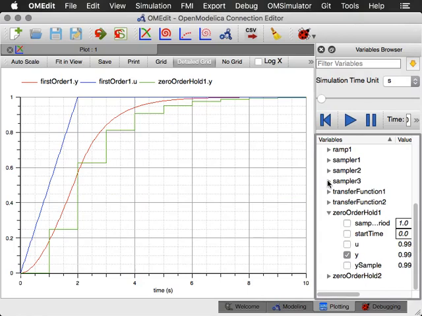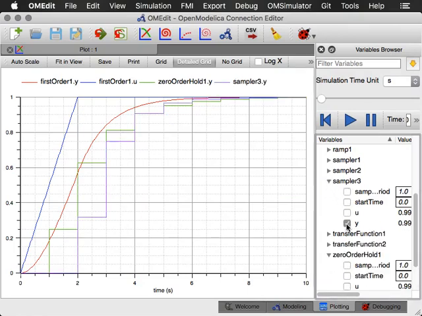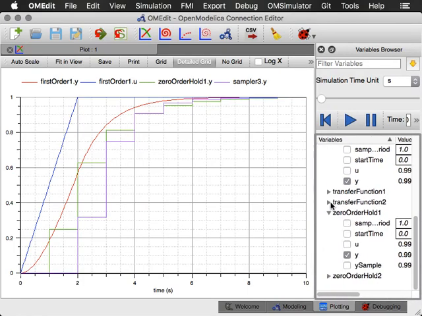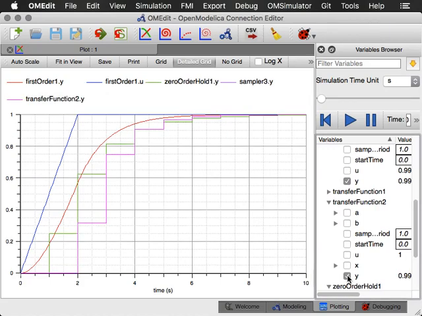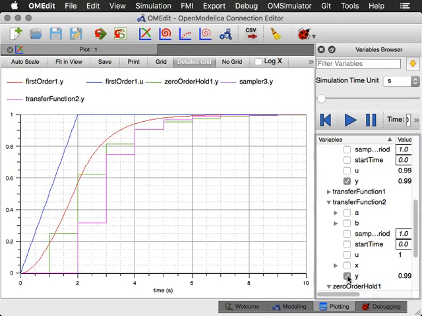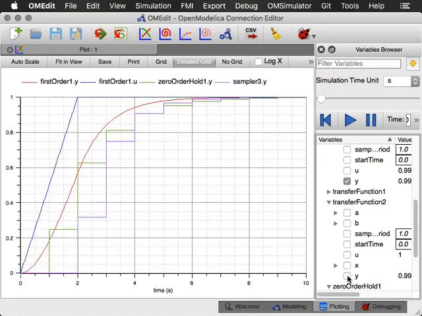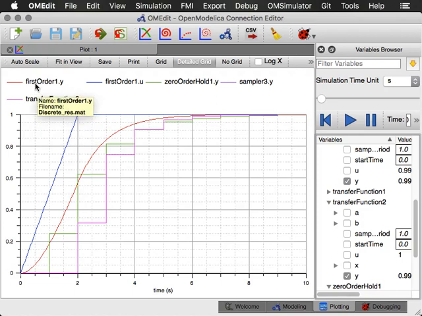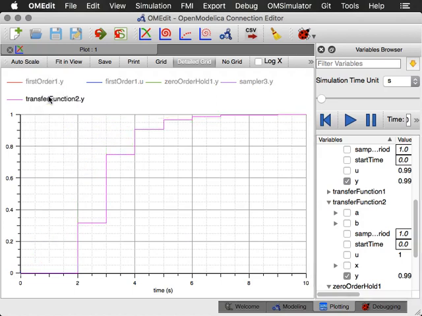And so if I enable those, so that's sampler 3, and that's transfer function 2. And what you can see, I mean, it's not easy to see, but the reason why the scale is changing is just because, let me just hide that over here. So that's sampler 1, transfer function, right? They are identical to each other.